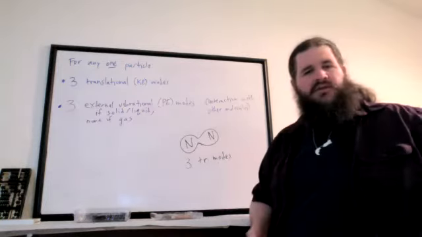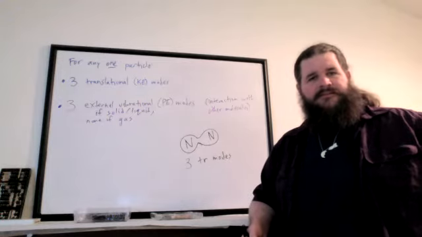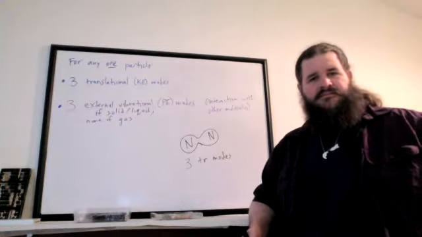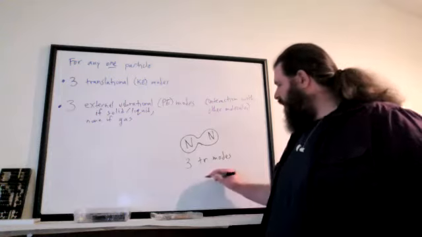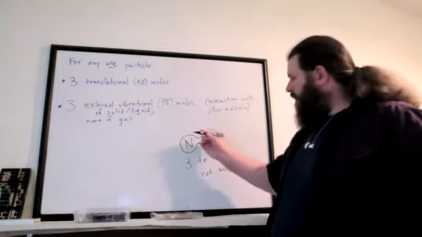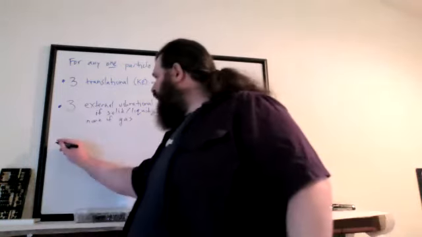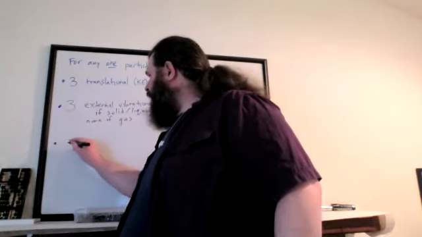But how else could this molecule be moving other than translational? Yeah, it could have rotational modes. It could be rotating, spinning around some axis. So rotational modes are another one we need to consider.